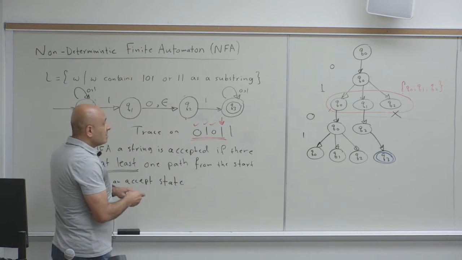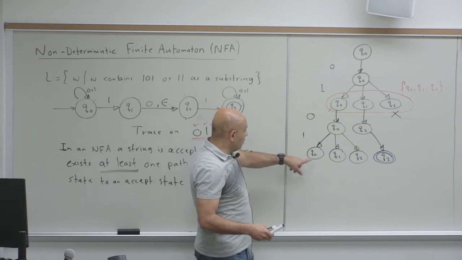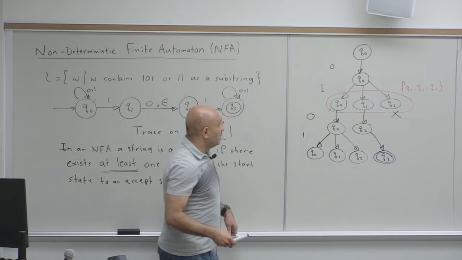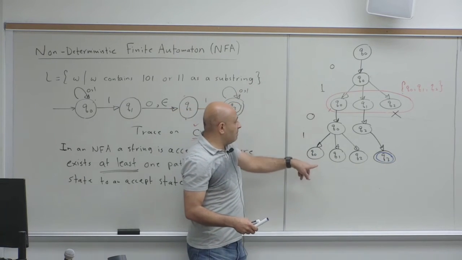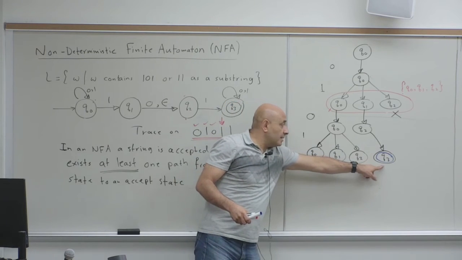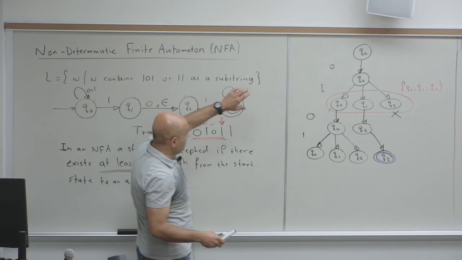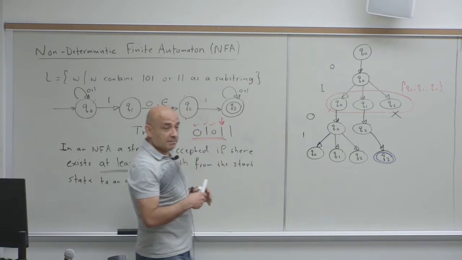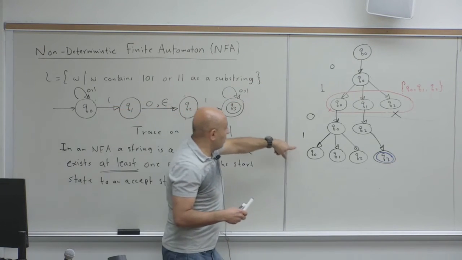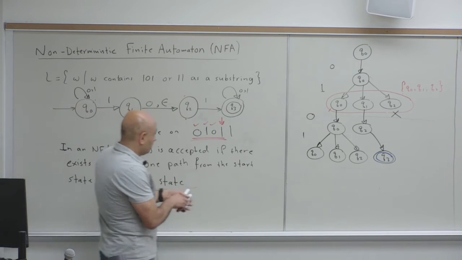So my current composite state at this point is Q0, Q1, Q2, Q3. With these 4 symbols, I can be in any one of these 4 states, but one of the paths is leading to an accept state. So 0101 should be accepted. Okay?